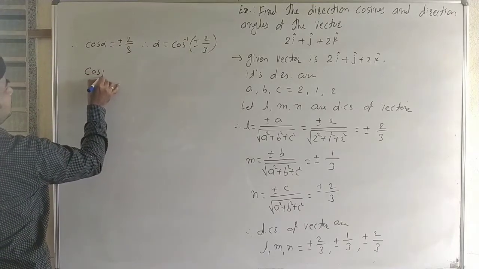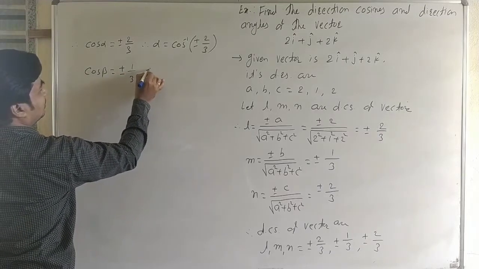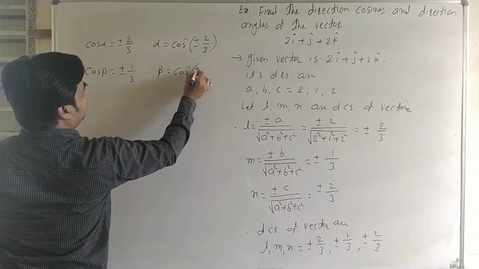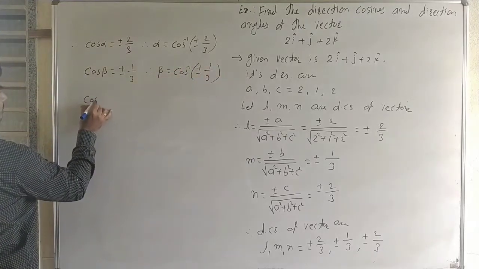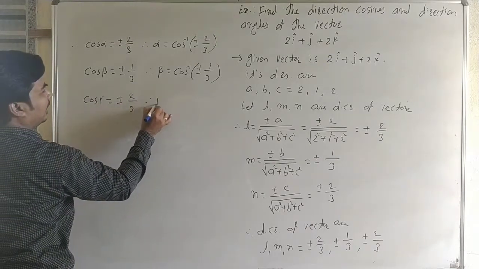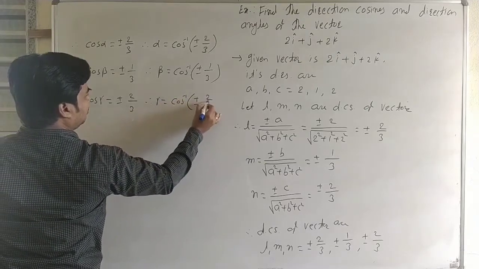Cos beta is equal to plus or minus 1 by 3. Therefore beta is equal to cos inverse of plus or minus 1 by 3, and cos gamma is plus or minus 2 by 3. Therefore gamma is equal to cos inverse of plus or minus 2 by 3.